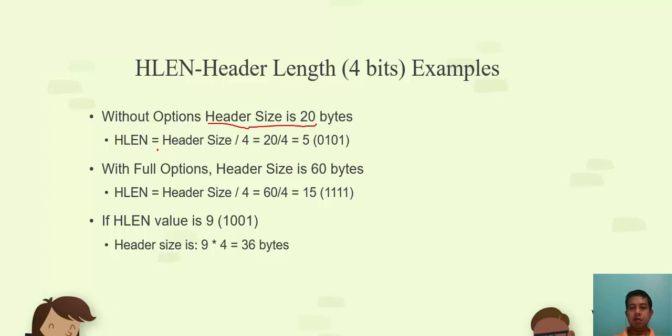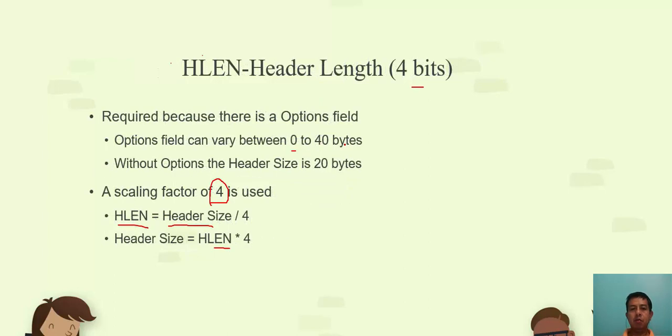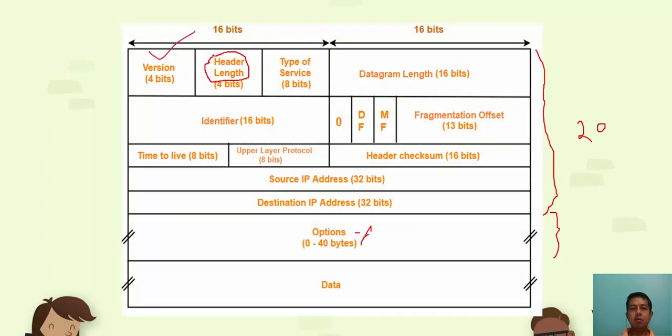The value of HLEN would be the header size, 20 bytes without options, divided by 4. This is a value of 5. So 0101. If I go back to the header field, this field will have a value of 0101 if the options field is not there. If the options field is not there, then the header length field, the HLEN field, will contain the value 0101.